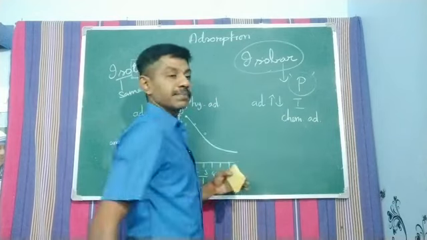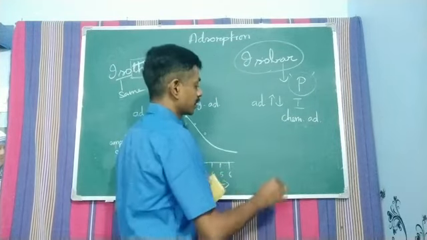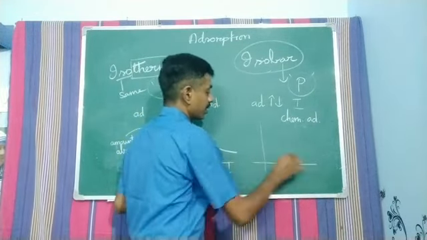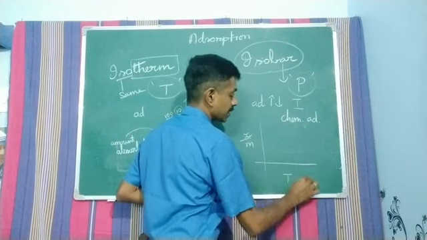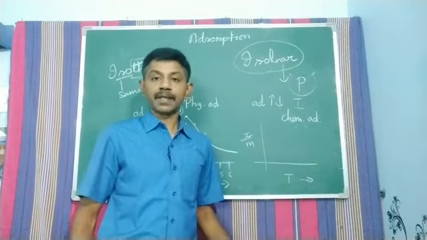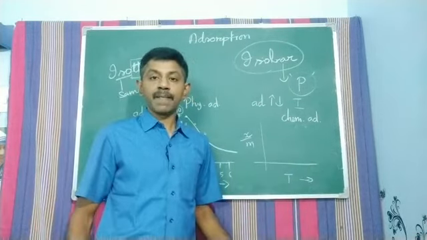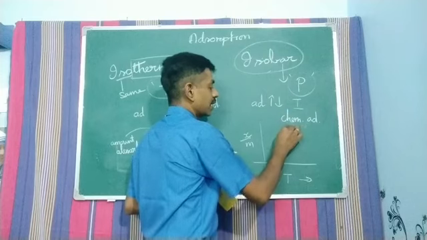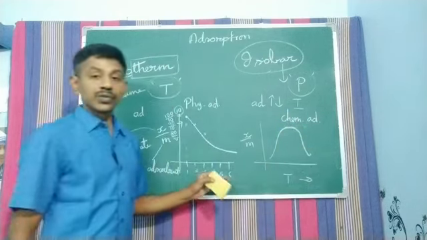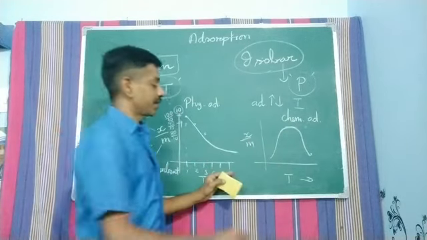Let us consider the same for chemical adsorption. In chemical adsorption, in the same way, on the y-axis we are going to have the x by m ratio, and on the x-axis we are going to have temperature on an increasing trend. So what happens in this graph, you can see, slowly the value will increase and reach a maximum and then it will start decreasing. So what do we understand by this graph?